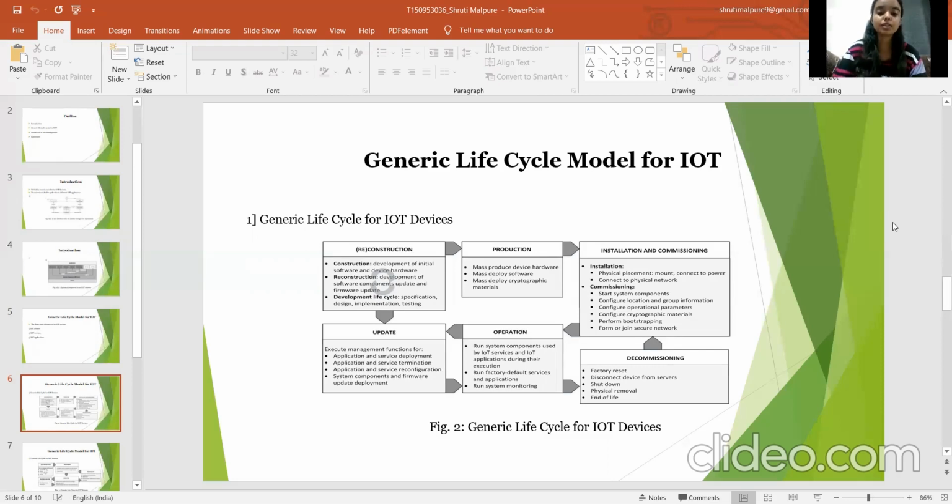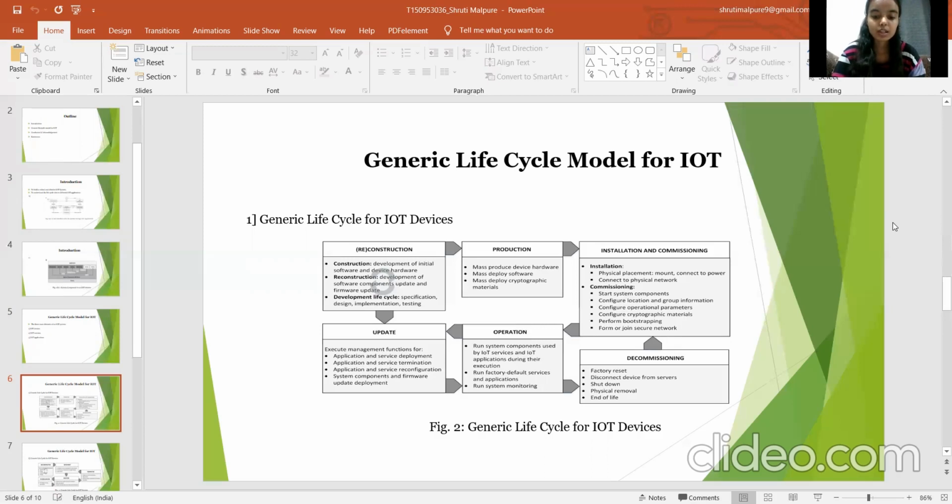The performance of this system depends on how well these system components perform their function. The device goes into the update stage when it needs to run management function for updating the device. All these updates should be done via the network, as IoT system typically consists of a high number of devices distributed in remote places.